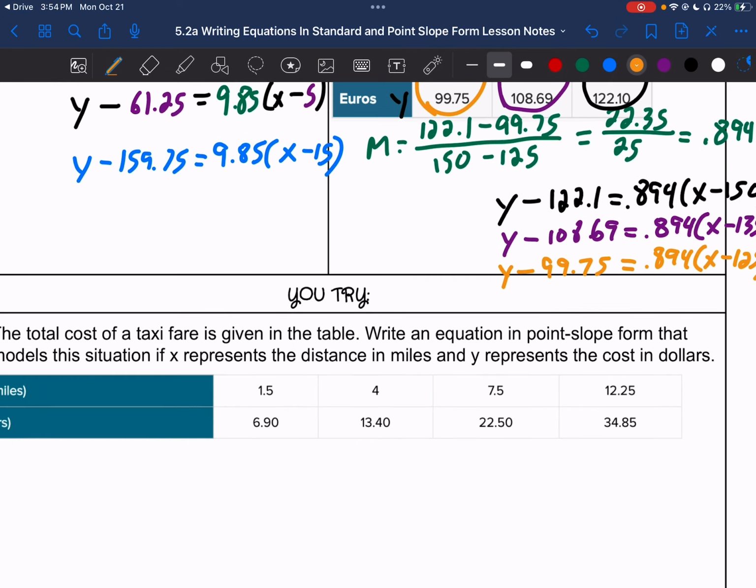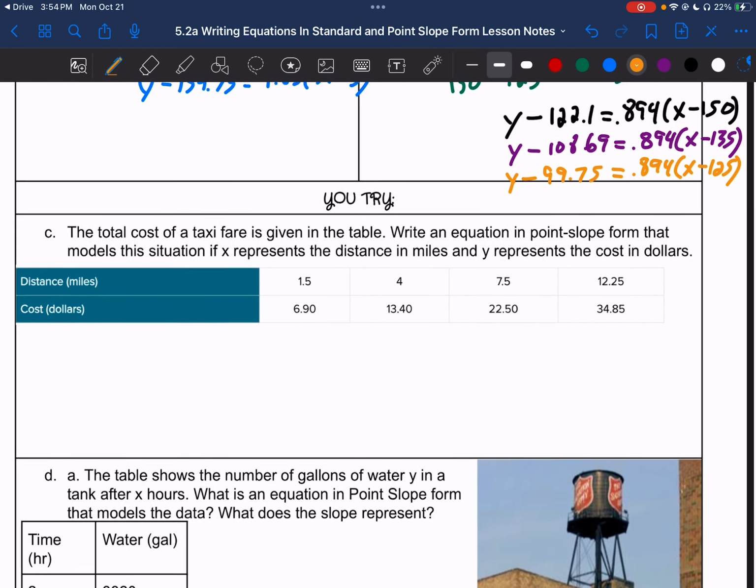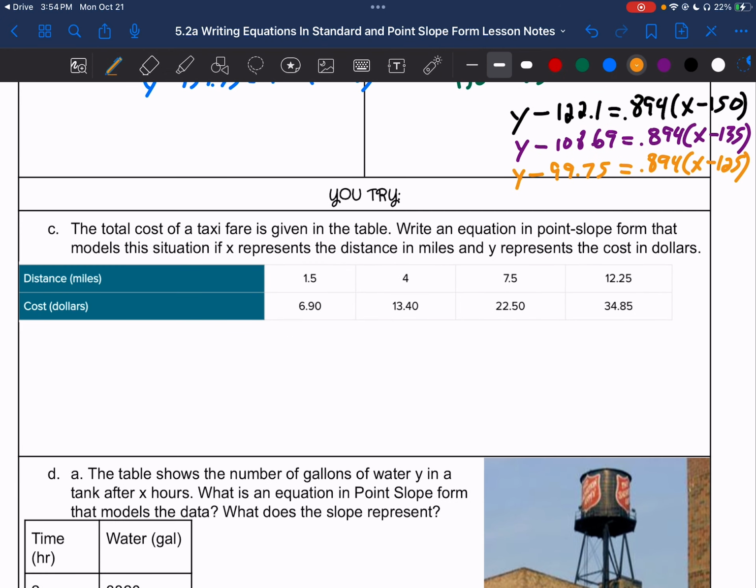All right, letter C on our taxi cost here. We've got the total cost of a taxi fare given in the table. Write an equation in point-slope form that models this situation if x represents the distance in miles and y represents the cost in dollars. So x is miles, y is dollars. We need to find a slope.